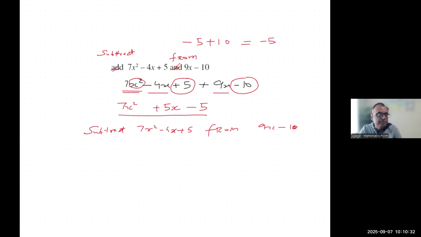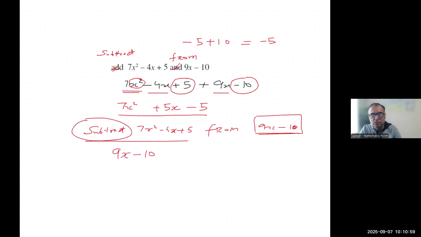So when I said subtract this polynomial from this, the polynomial that comes after the word from has to come first. 9x take away 10. And then the word subtract comes in, which is a minus.